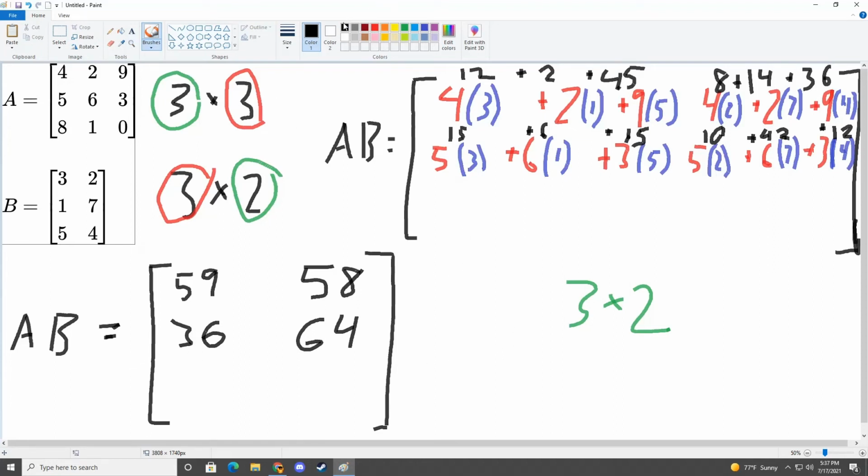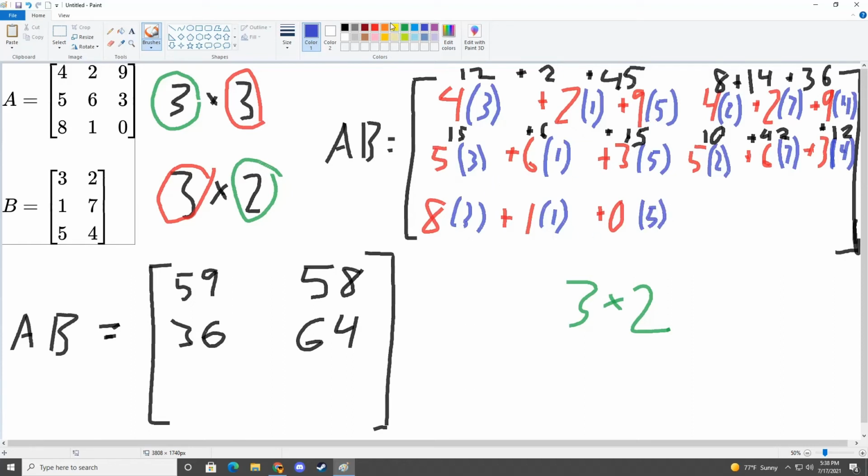Now let's solve for the last row. Alright, let's write out 8 plus 1 plus 0. And then the first column of B, 3 times 1 and 0 times 5.